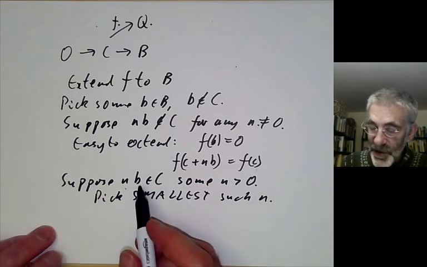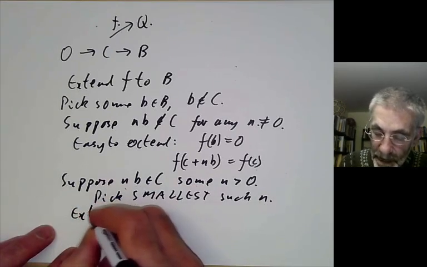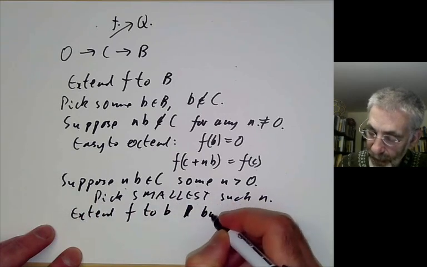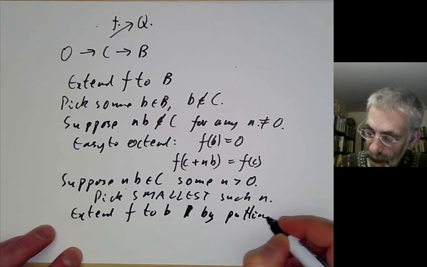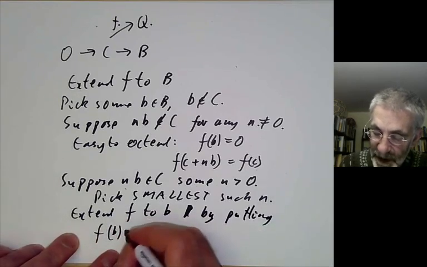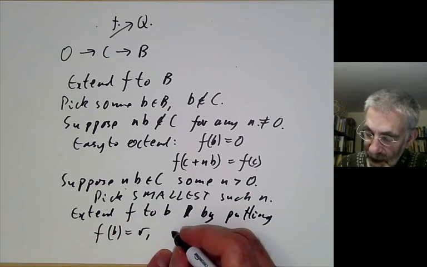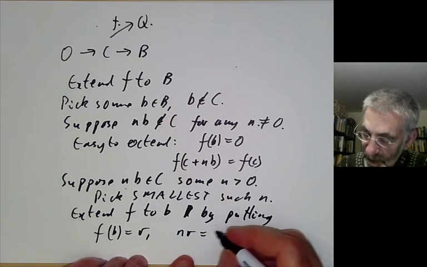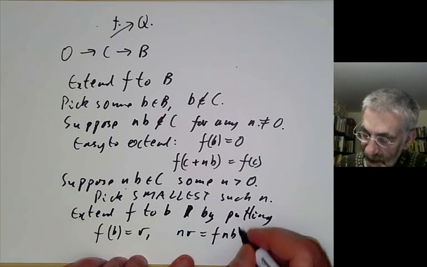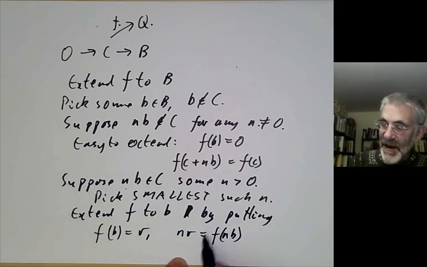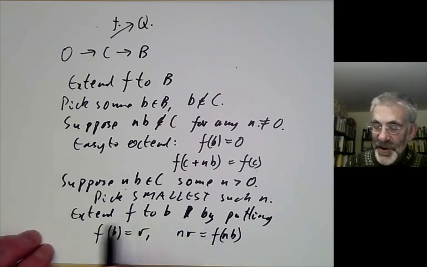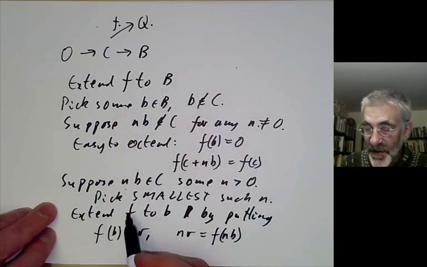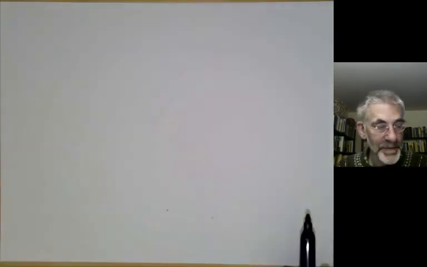Well, then what we can do is extend f to b by putting f(b) equals r, where nr equals f(nb). So nb is an element of C, so f(nb) is defined, and you can check that this gives an extension of f to this extra element b.